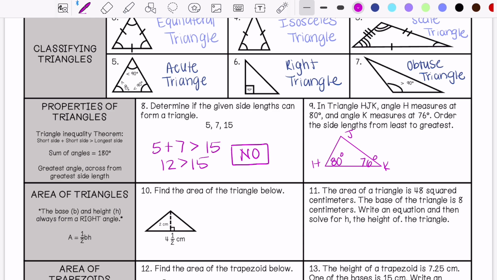First I need to figure out what the missing angle is, solving this like a one-step equation.